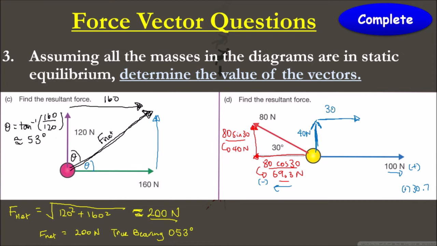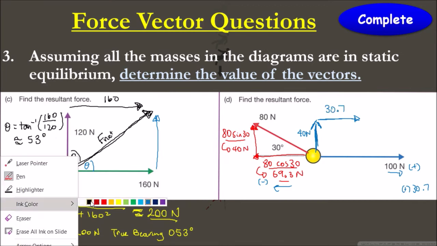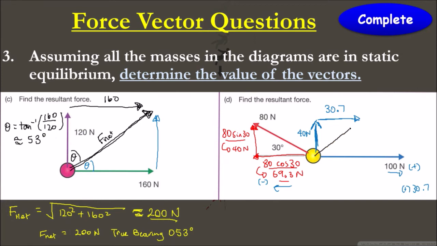So 30.7, okay? I'll use a different color just to signal that this is my resultant vector, and that's the angle in which we'll find the bearing. This is my net force right there. Okay, so let's find the net force again.